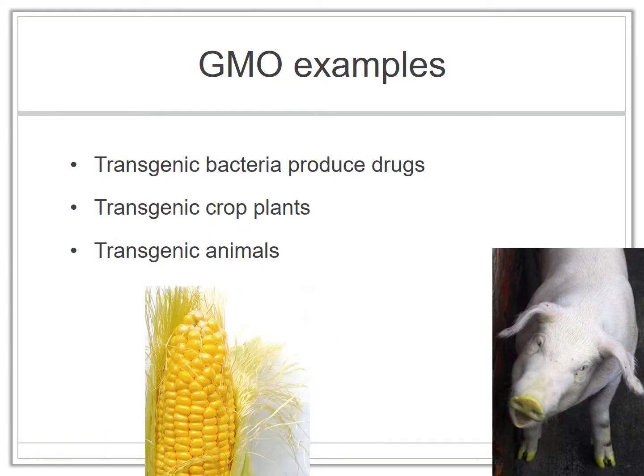GMO examples: transgenic bacteria producing drugs. So we've got the creation of insulin. People with diabetes need to take insulin on a daily or regular basis. That insulin is expensive to create naturally.